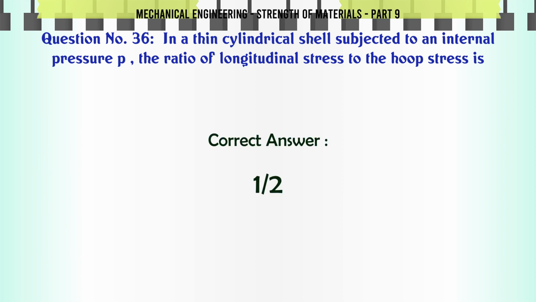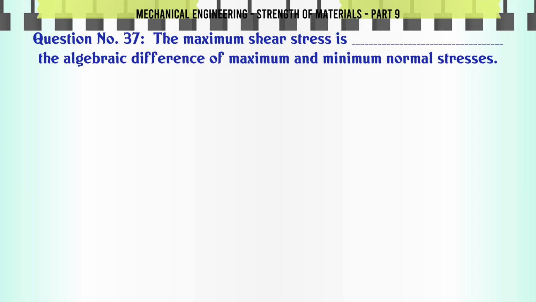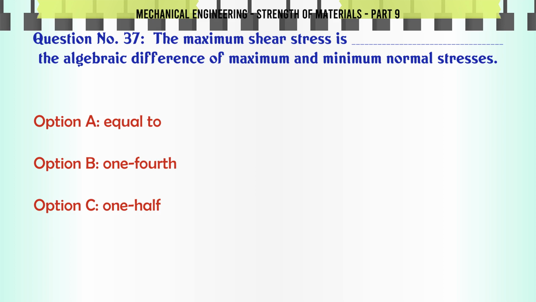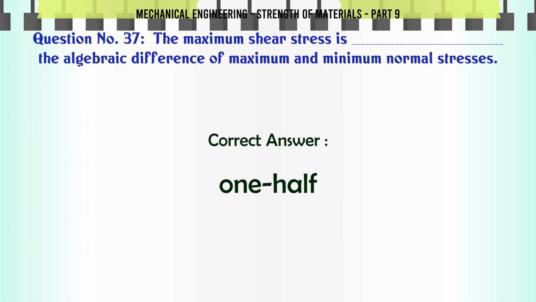The correct answer is 1/2. The maximum shear stress is the algebraic difference of maximum and minimum normal stresses, A, equal to, B, 1/4, C, 1/2, D, twice. The correct answer is 1/2.